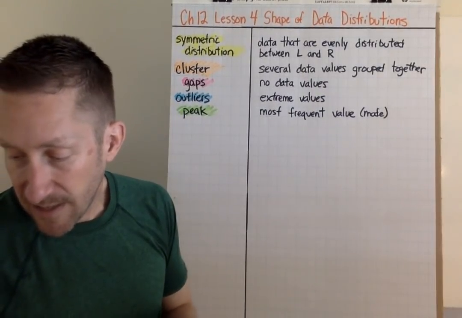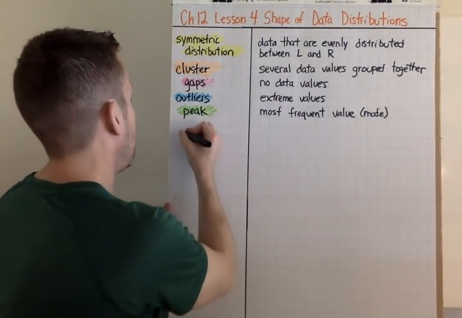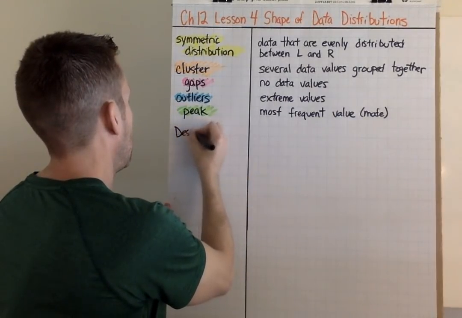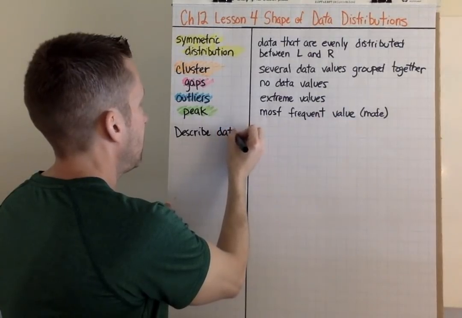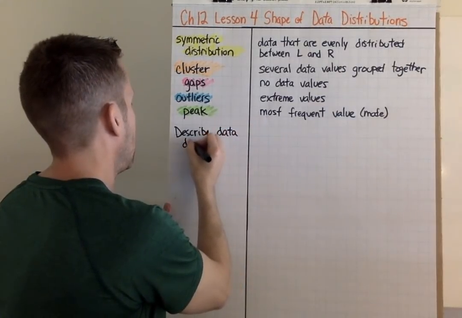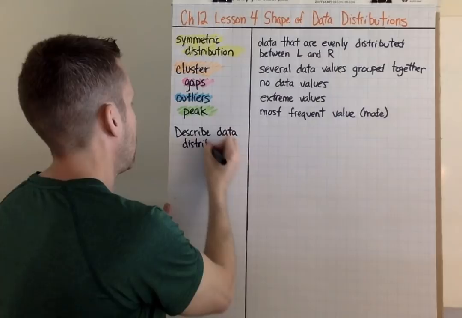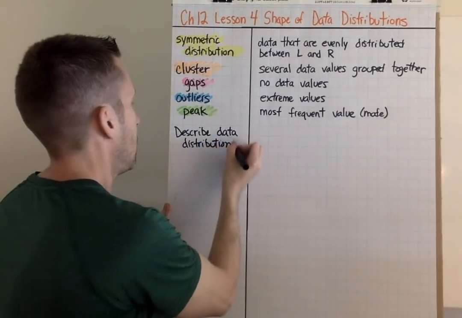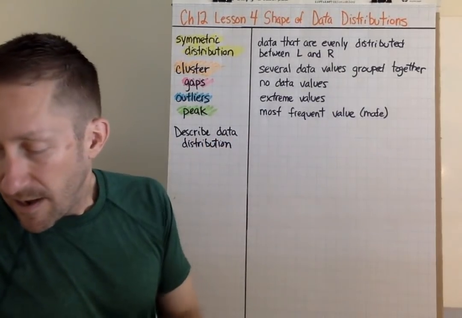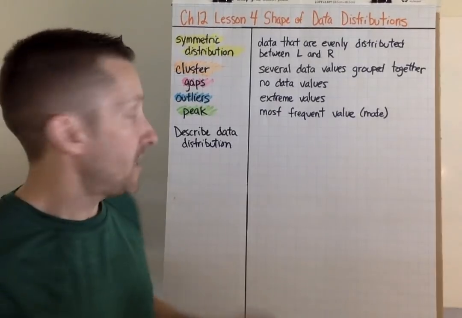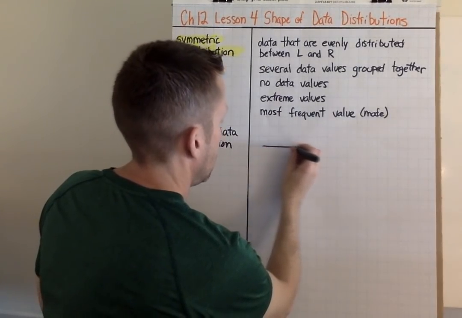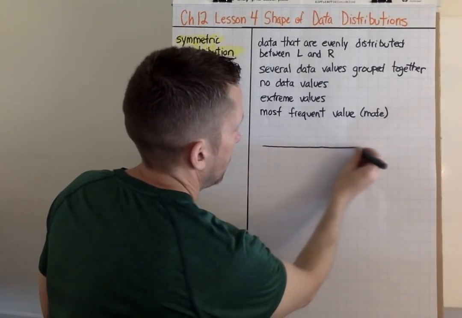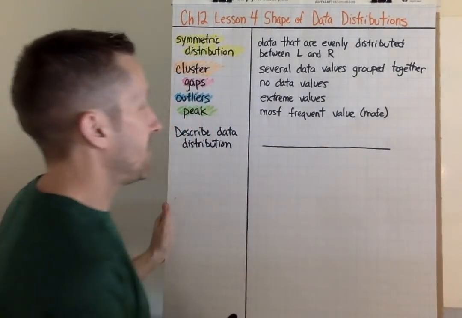Next, let's describe a data distribution. Describe this data distribution. You should be able to name what kind of data distribution this is.